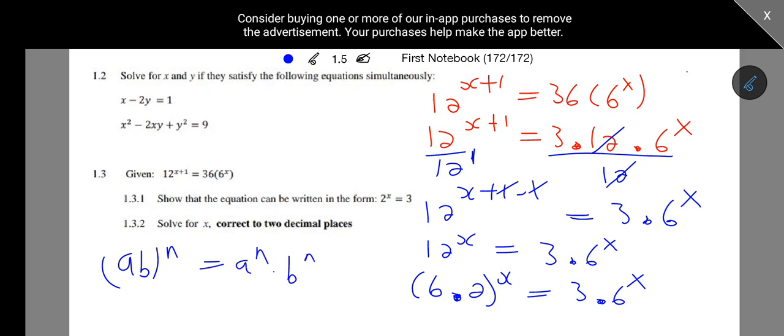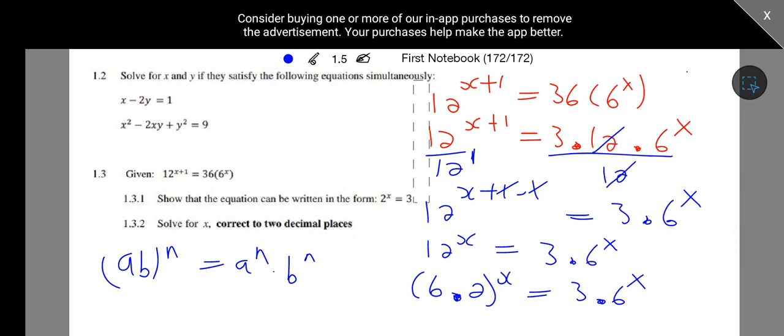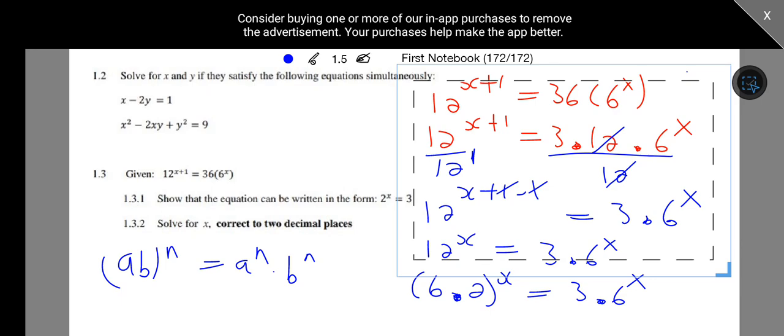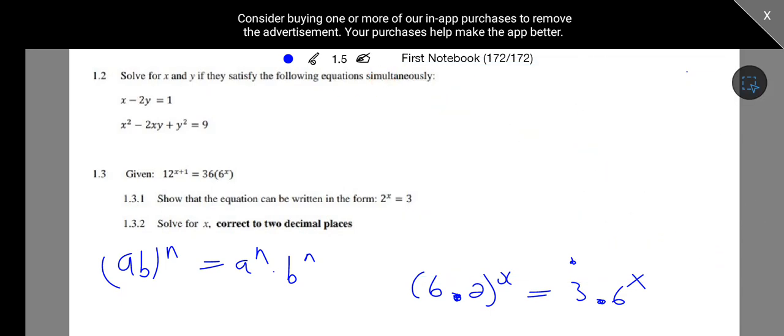I'm going to apply this rule. We can distribute the exponent x to each term inside the bracket, only if we are multiplying. So from here, we have got 6 to the power of x.